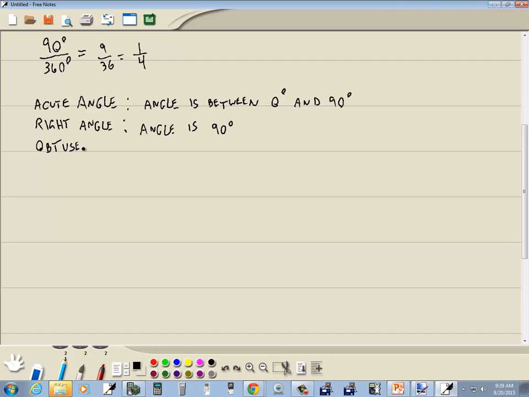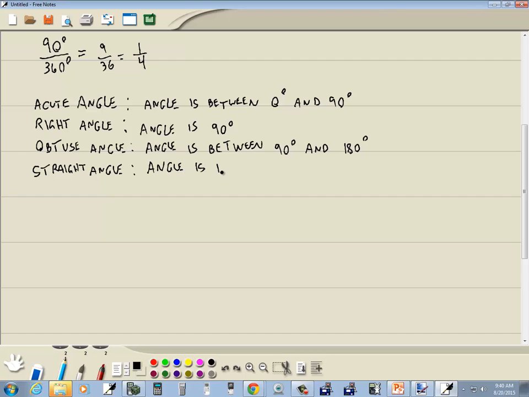We have an obtuse angle, and this is where your angle is between 90 degrees and 180 degrees. And then we have our straight angle, where your angle is 180 degrees.